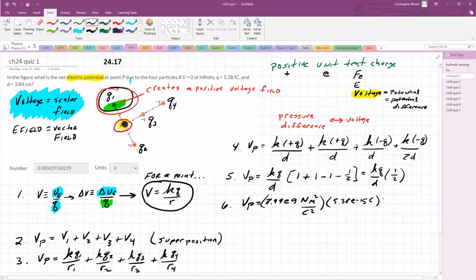KQ times 1/2, so this would be over 2 times D, and D is 0.0384 meters. And then let's get an answer there and then look at dimensions.